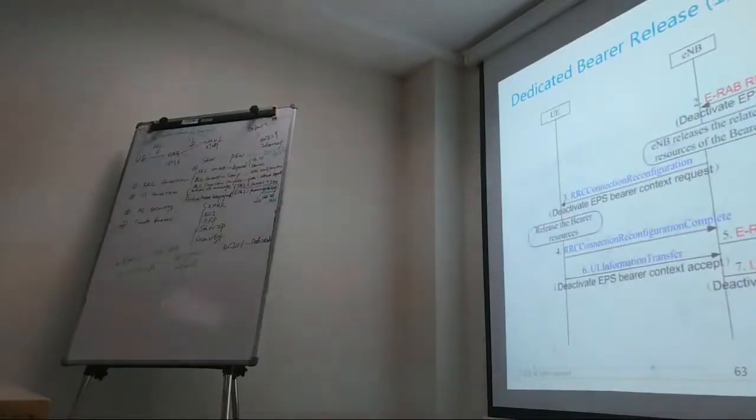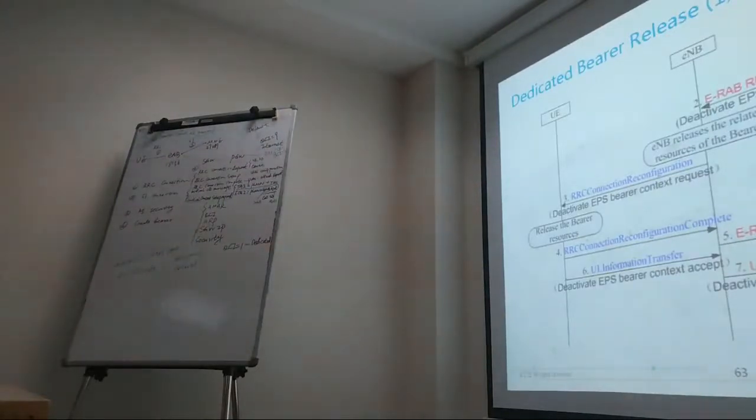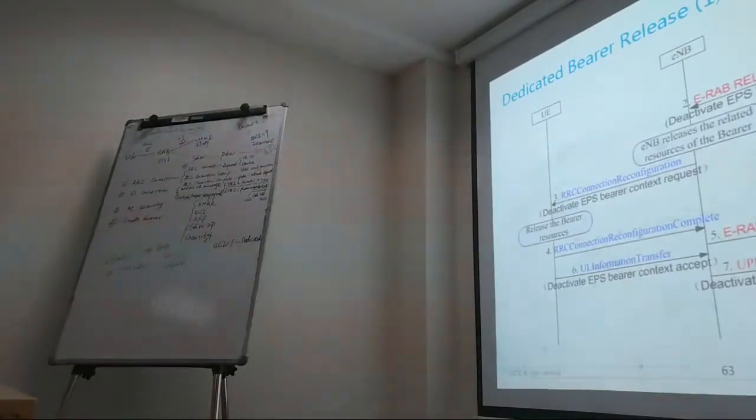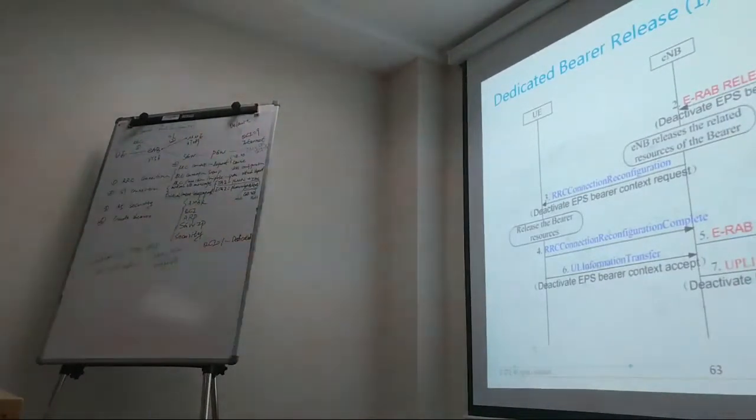But if we need to modify it, the procedure is like this. And when we release it, the release command is from the EPC side; it cannot be sent from the eNode B to the UE directly. So the EPC will send an E-RAB release command, and in this command it will contain the reason why I release this. Usually the service is finished. When the eNode B receives this release command, it will release the eNode B side related resources, and it also tells the UE to release the information.